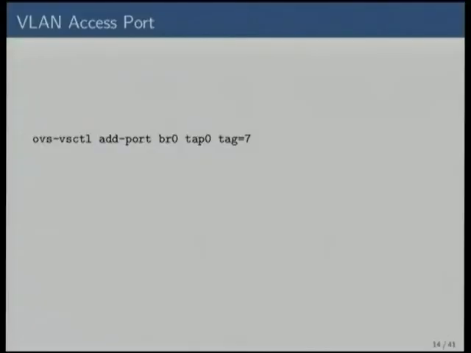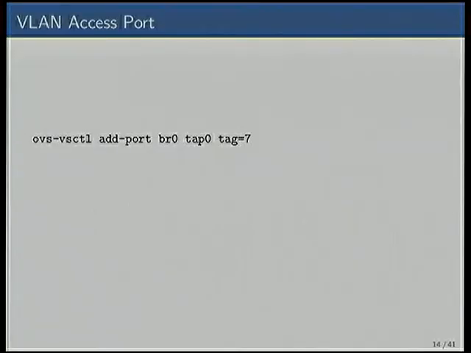So how does this relate to Open vSwitches? What we can do is, by providing a tag, the tag being the VLAN ID, when we add a port to a bridge, we turn this into an access port. So imagine a bridge where there are 2 ports.